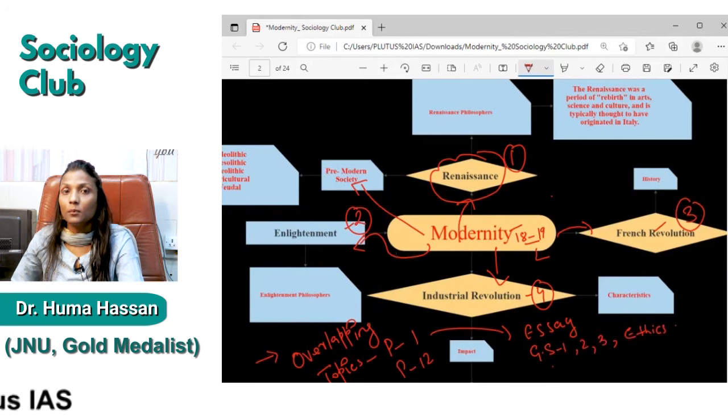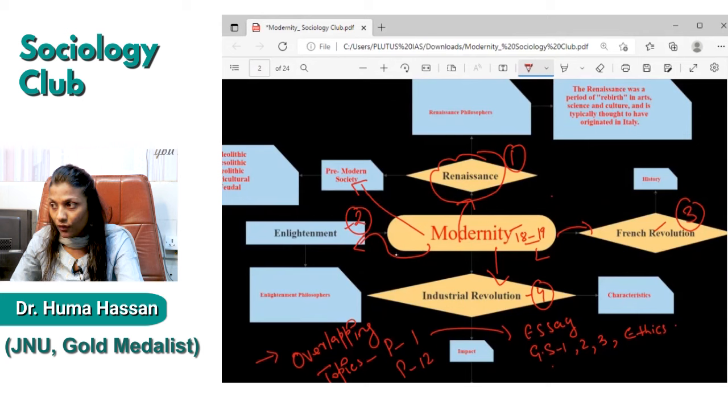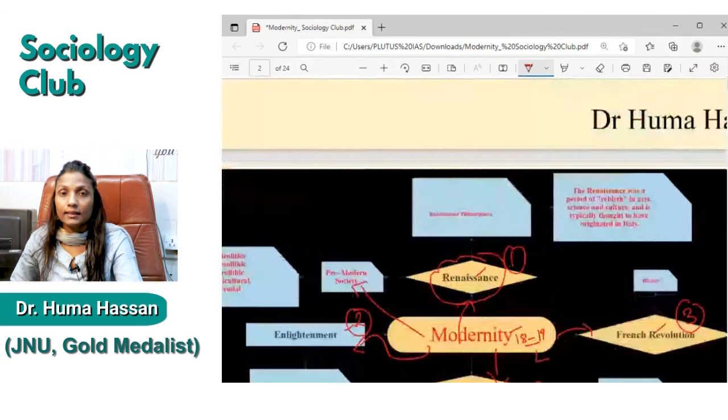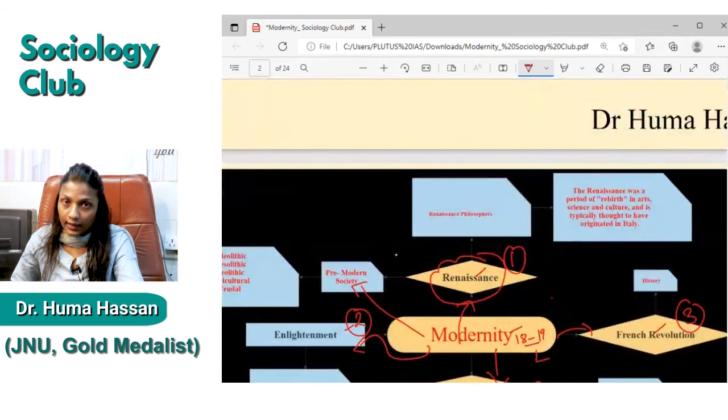So when I am teaching you the Renaissance right now, you need to think of Renaissance philosophers. This phase is going to help you in your essay and also in your ethics. That's why I say sociology is a very interesting subject to deal with.